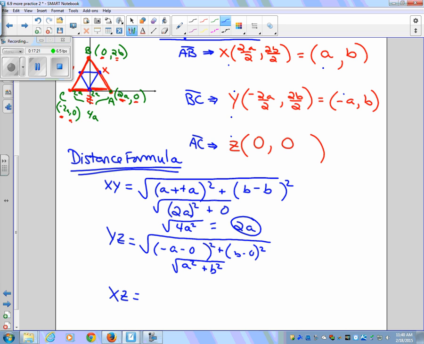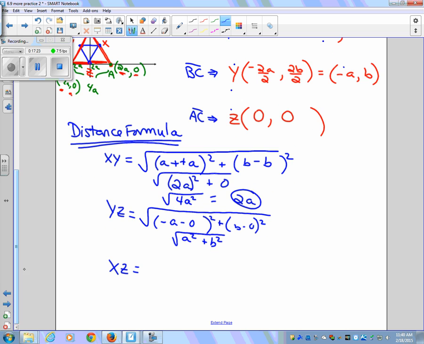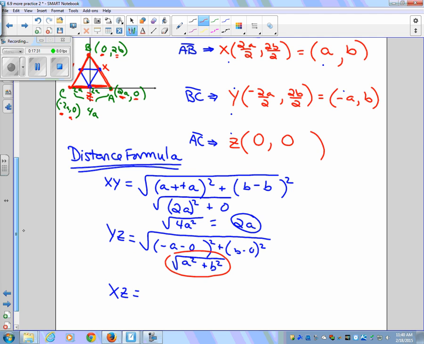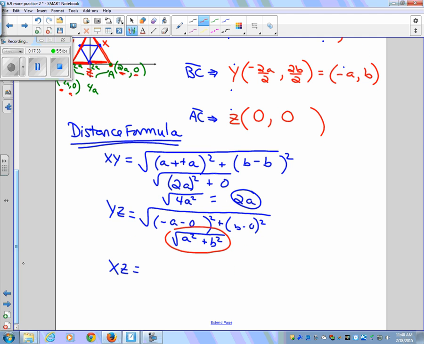So far, do we have an isosceles triangle? Nope. Those two aren't the same. We've got to find XZ. XZ is going to be the square root of a minus 0 squared plus b minus 0 squared, and that's the square root of a squared plus b squared.